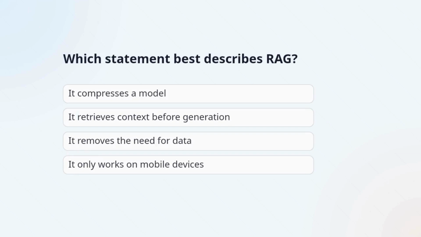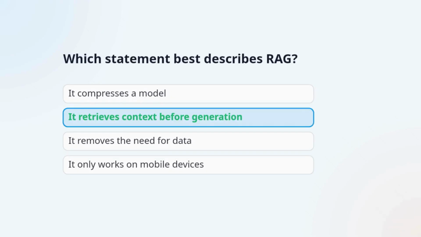Question 3. Which statement best describes RAG? The correct answer is it retrieves context before generation. RAG combines retrieval with generation to produce more contextually grounded and factually informed responses.